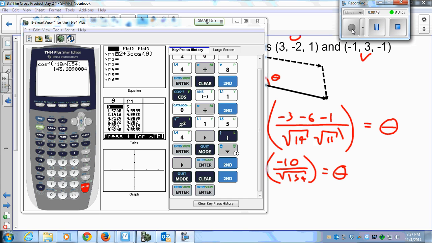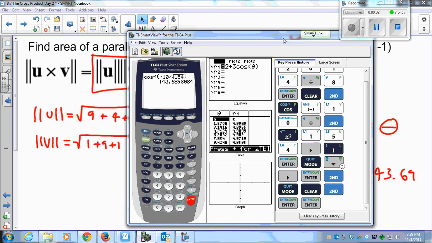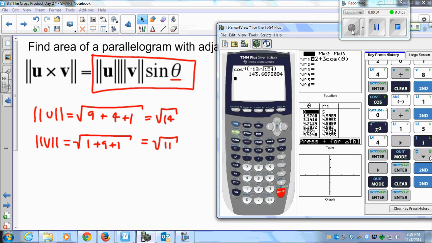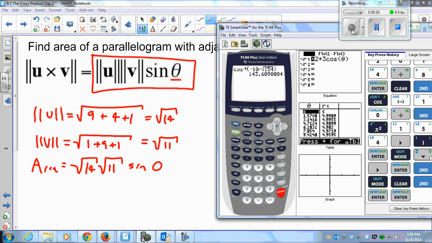So pulling up my calculator, inverse cosine of that, and I get my theta is equal to 143.69. And then I can plug that back into this final equation, where my area is equal to the square root of 14 times the square root of 11 times the sine of theta.